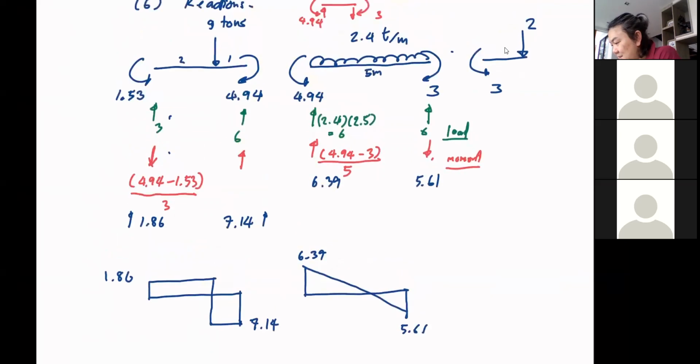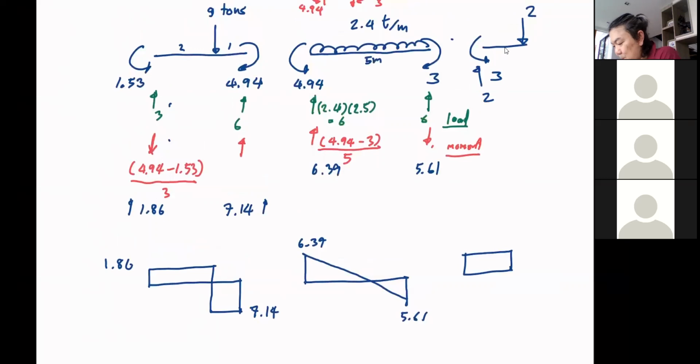And this guy, nobody cares to complete this. Of course, the reaction here is 2, right? So it's 2 up and 2 down. Okay. The 0 lines here.